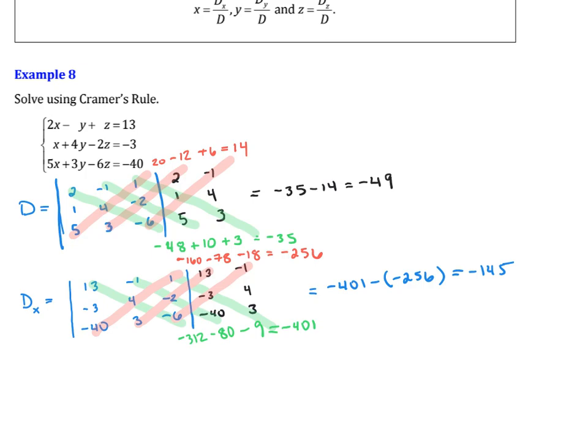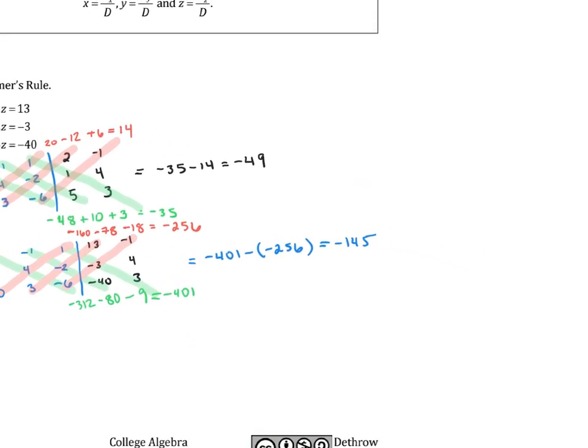So this tells us at this point what x is. X equals negative 145 over negative 49, which is just 145 over 49.